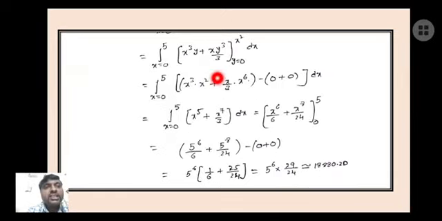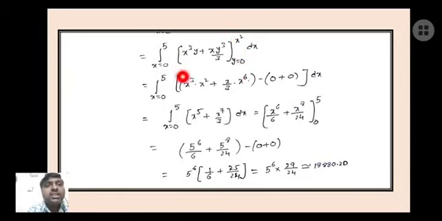Integrating, I get x cube y plus x into y cube by 3, with x treated as constant, and the limits y is equal to 0 to x square. In place of y, the upper limit is x square and the lower limit is 0.